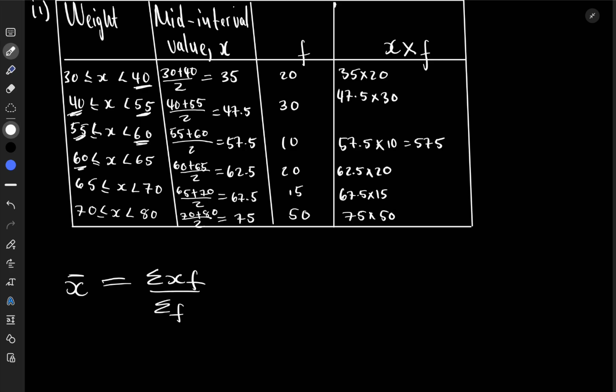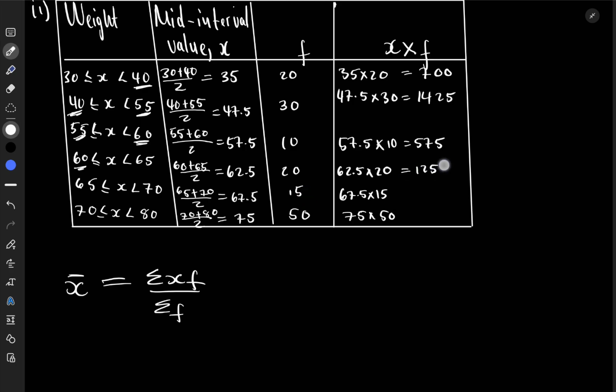Okay, we can put all the rest. Let's calculate. It's going to be 35 times 20. I'll get 700. Then 47.5 times 30. This is 1425. Here I'll get 62.5 times 20, you get 1250.